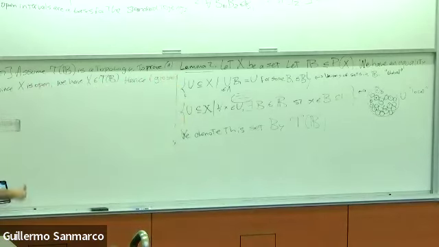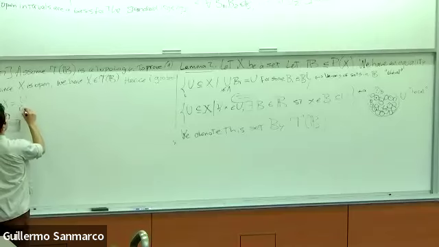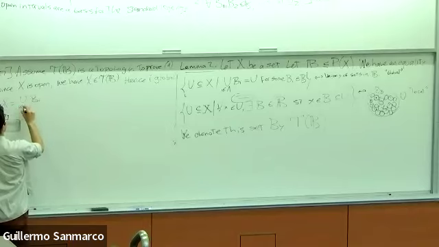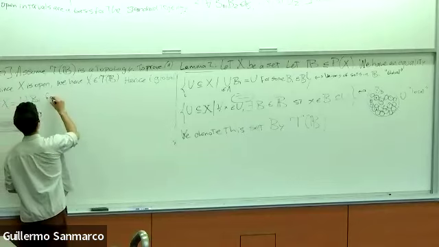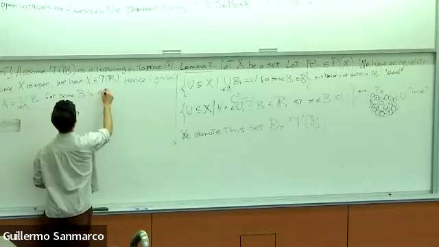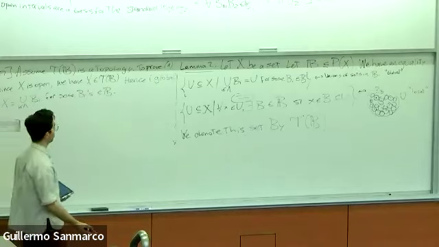Hence, by global, we know that X is going to be the union of some B_i's, for some B_i's in B. But if it's the union of some, then it's the union of all of them, because everything is a subset of X here.